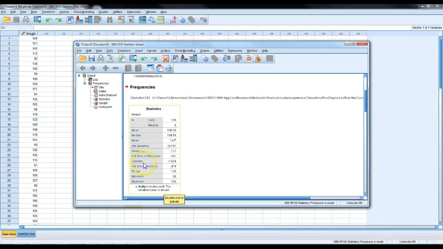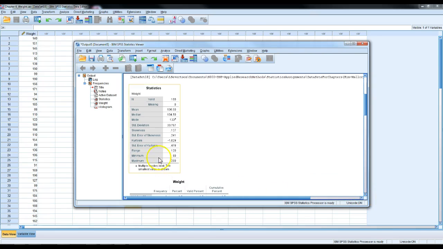Skewness and kurtosis pertain to whether the data is normal, and we'll talk about that when we look at our histogram. And then finally, the range is the difference between the smallest and the largest value, and so you can see that here by requesting them. The smallest weight is 80 and the largest weight is 200, and that's the difference between the two.